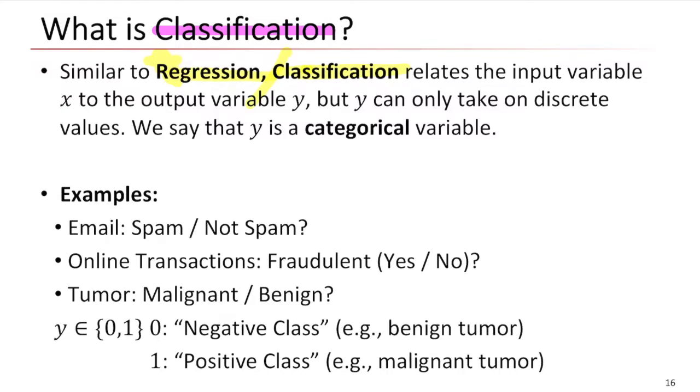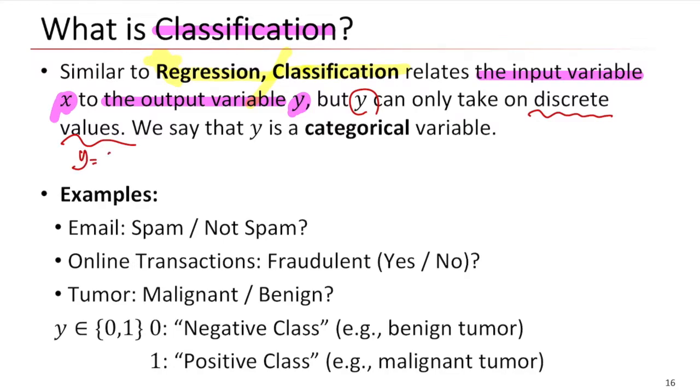Classification also relates the input variable, let's say x, to the output variable, let's say y. But compared to the regression problem, the output variable y can only take a discrete value. What is a discrete value?